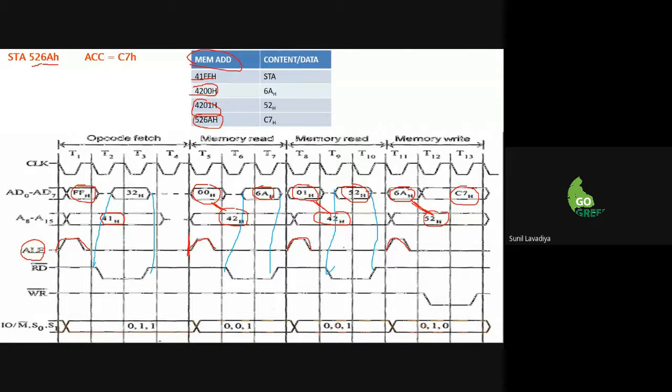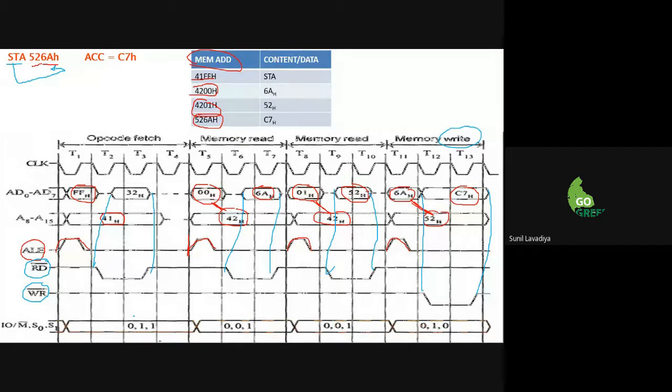Okay. And this is for my read bar. Where is the write bar available? Write bar only comes in the last cycle, because here we are transferring data of address to the memory part. So only write bar is there in the last cycle. Then S1, S0 and IO/memory bar.